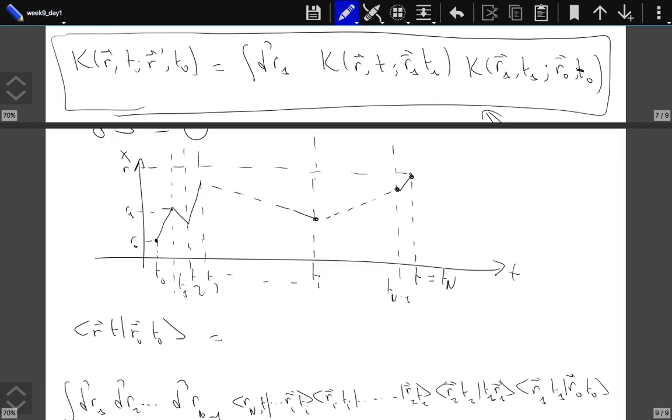So these values of r1, r2, r3 have a corresponding contribution. There is one amplitude corresponding to these values of r1, r2, r3, ri, rn.